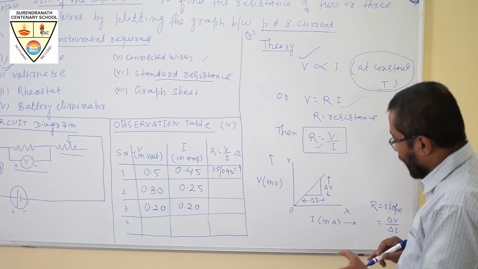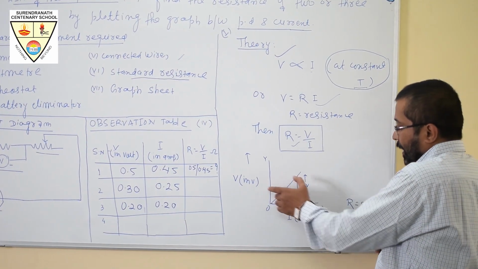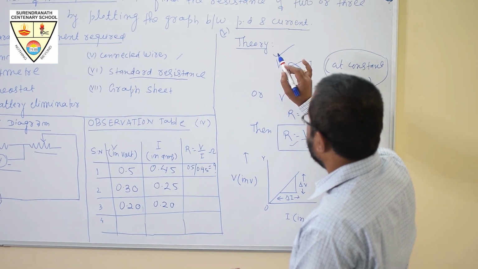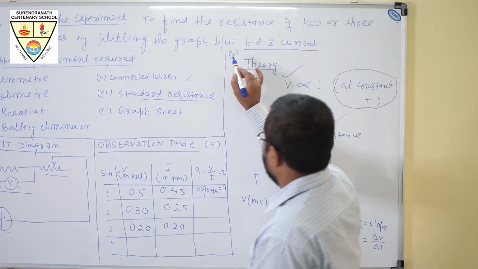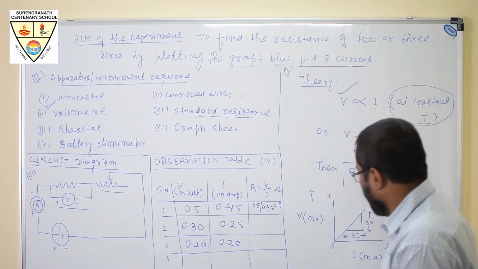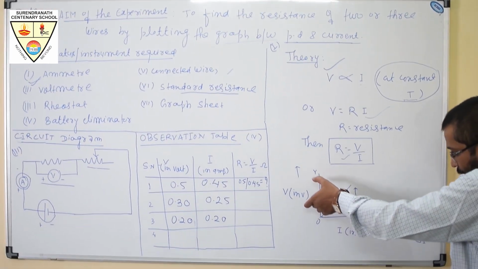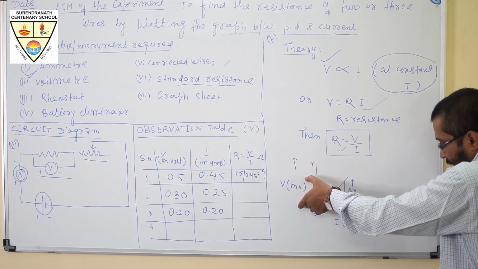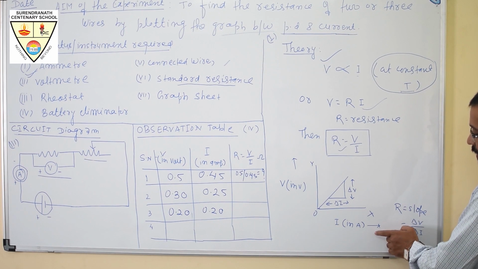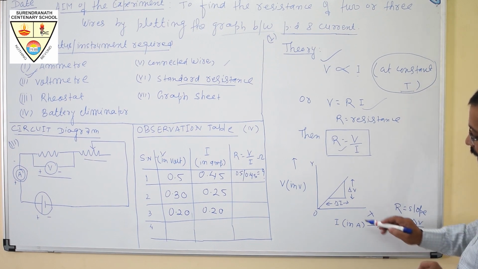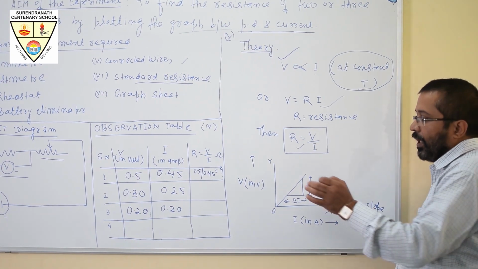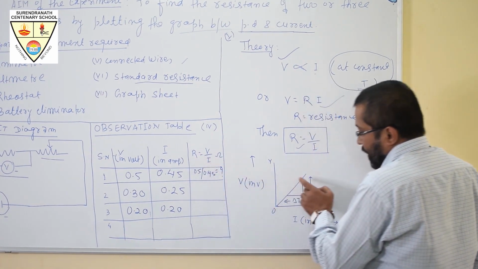Now we have to find the resistance from the VI graph, because our aim of the experiment is to find the resistance by plotting the graph between potential difference and current. So voltage is also potential difference. So along the y-axis take voltage, along the x-axis take current. We will get a straight line. It is possible that a few readings don't come on the straight line.